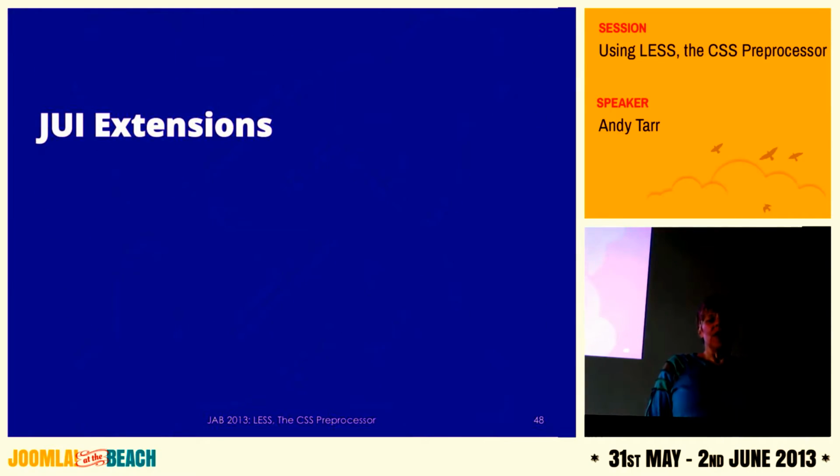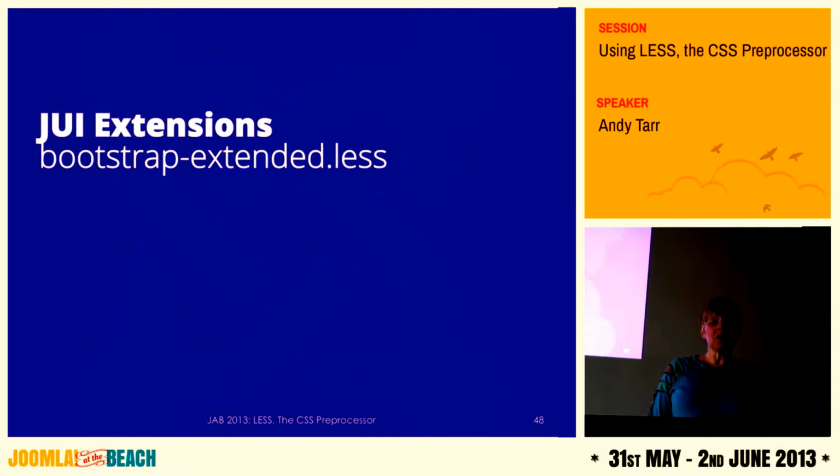Okay, so another one that's in there is something that's called the bootstrap-extended.less. Those other files I showed you are the ones that are right from Bootstrap. Those come from Bootstrap. And this one is one that we added, and this is what has all of the Joomla code in it. This is the stuff that's different.